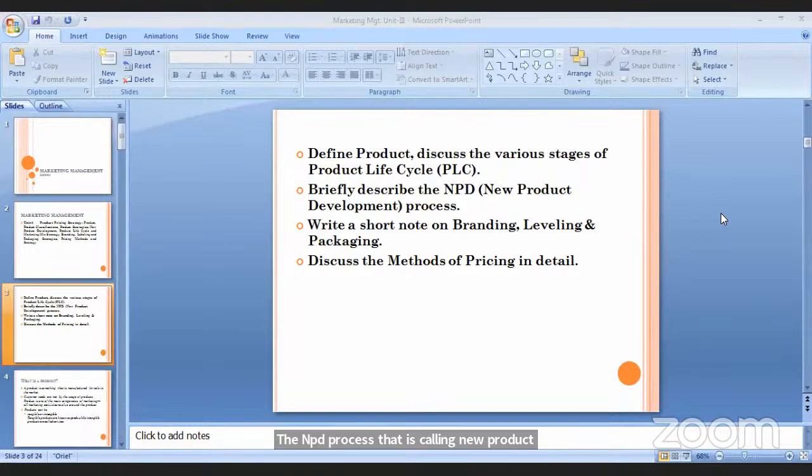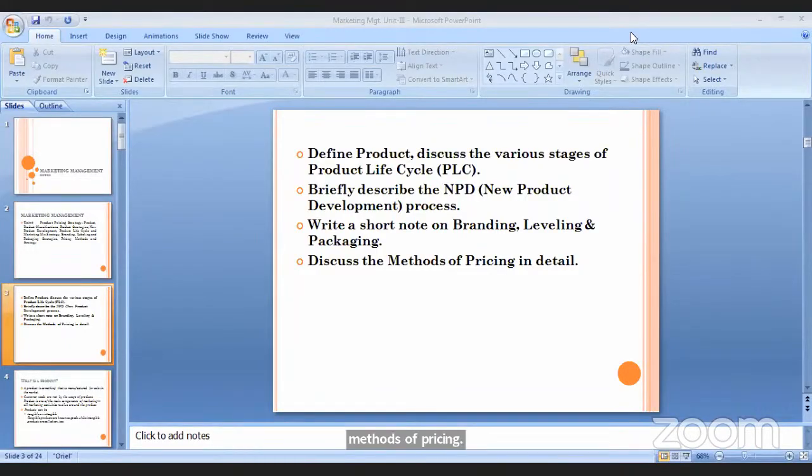Also expecting some short notes, like write a note on branding or labeling, packaging. And one more question that is being expected in this particular unit, that is discuss the methods of pricing. So these are the four expected questions.